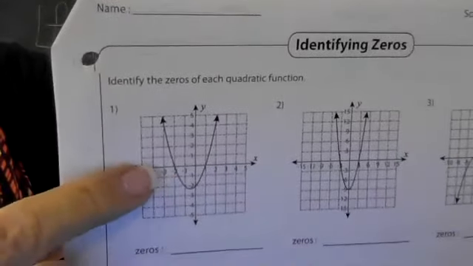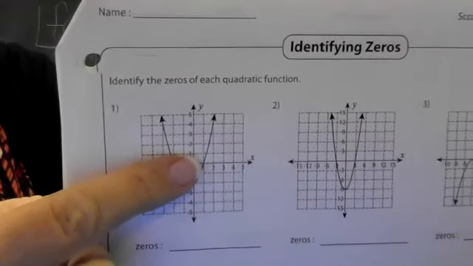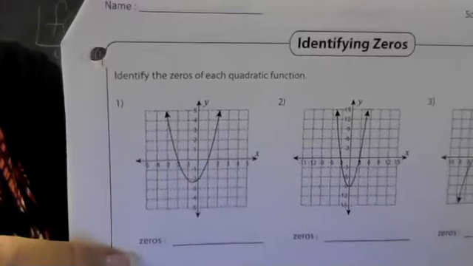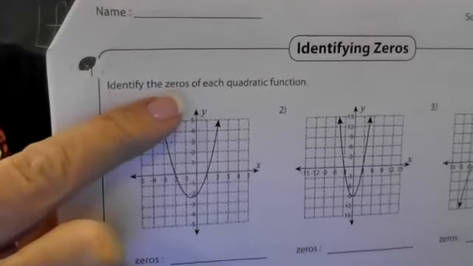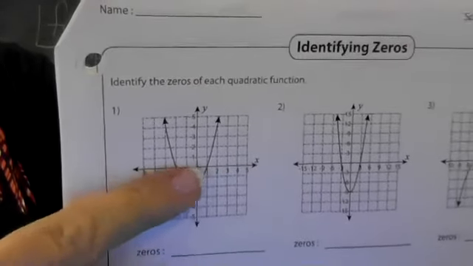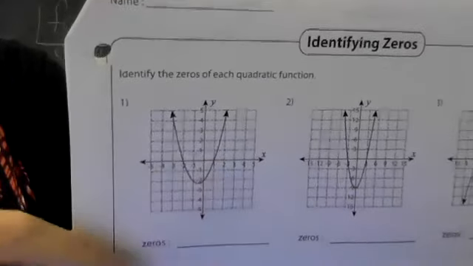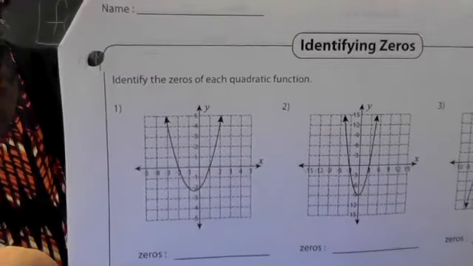So the zeros here are -2 and 1. That's all you have to do on this page. Tell what the zeros are. The zeros here are -2 and 1. It's always the points on the x-axis, always.